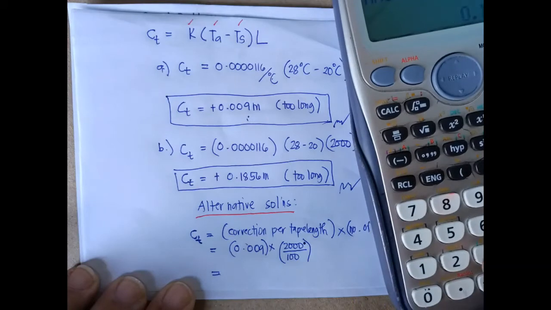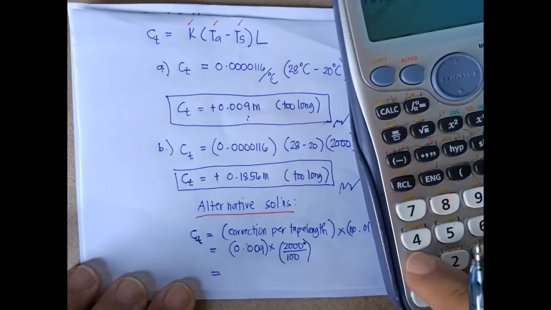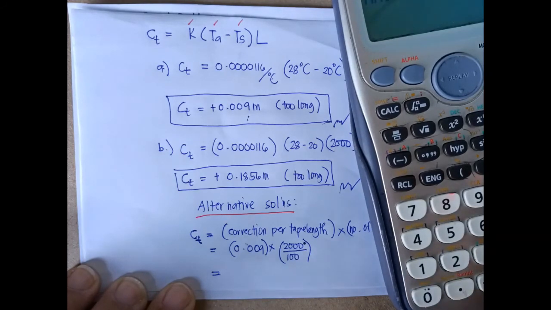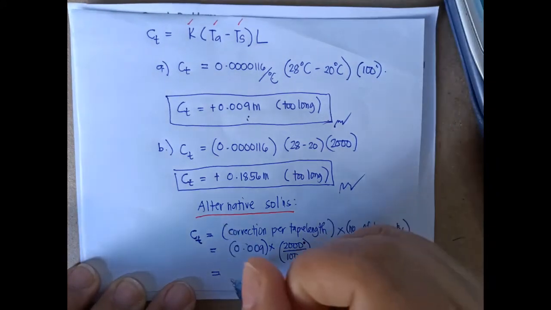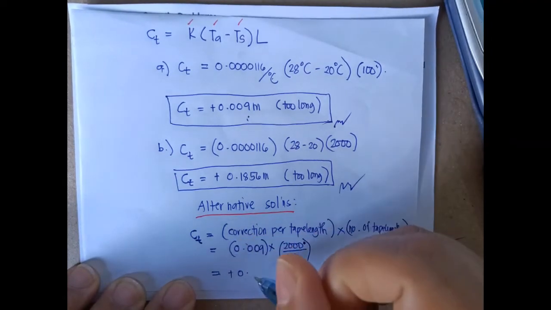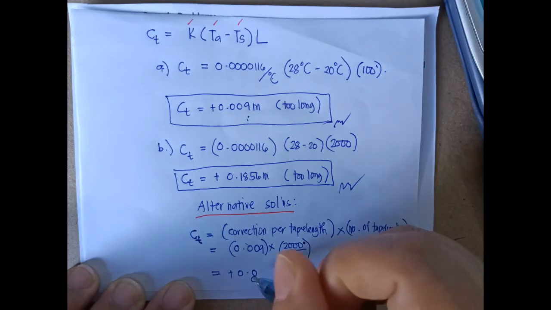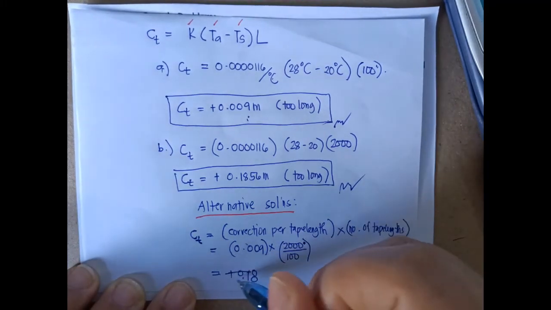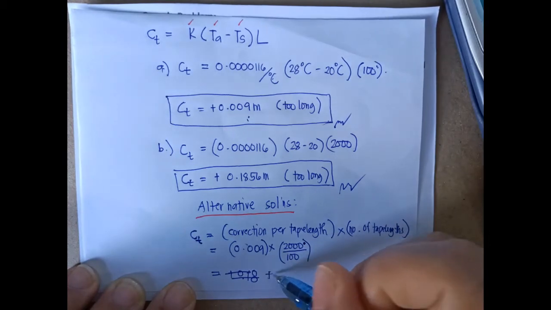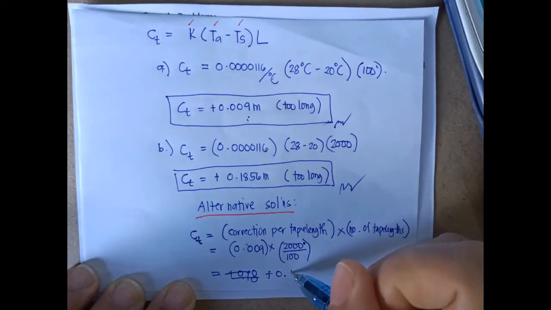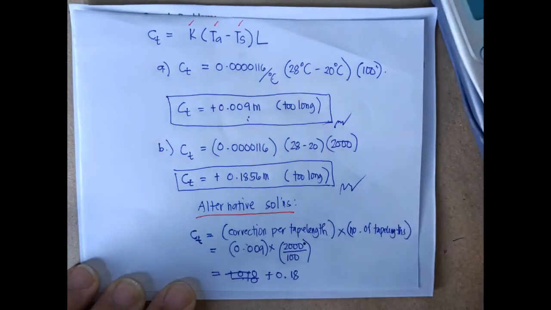So you have 0.009 times 2,000 divided by 100, and it will give us a positive, of course, 0.18.